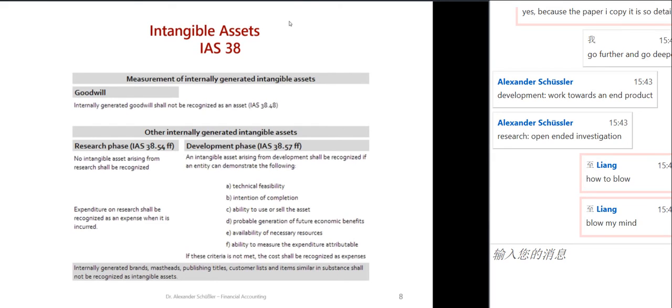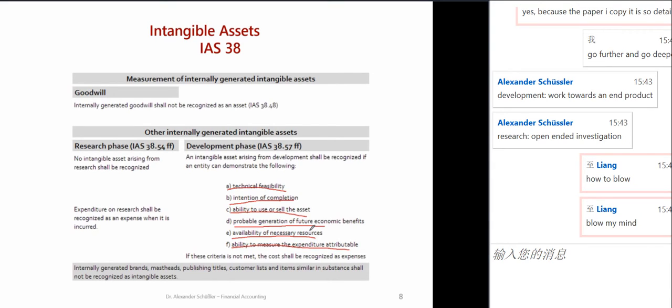So technical feasibility, intention to complete the product, an ability to use or sell the asset, that it's probable that future economic benefits are generated, availability of necessary resources, and the ability to measure the related expenditure.